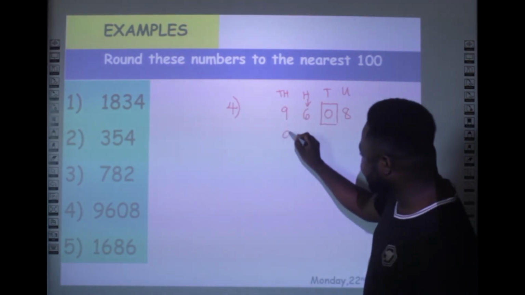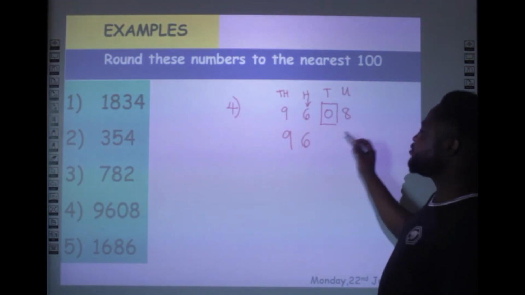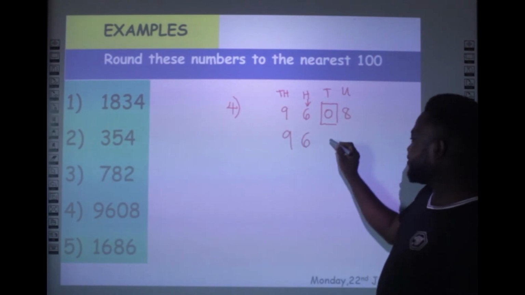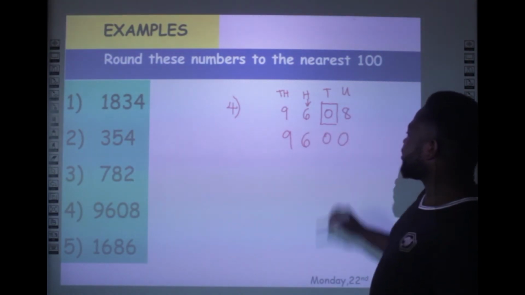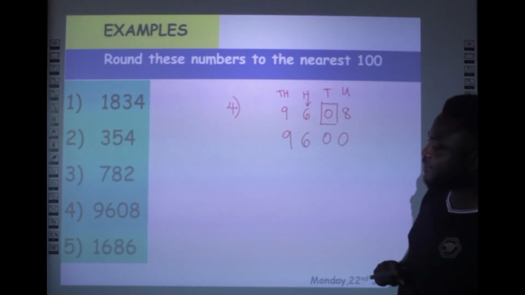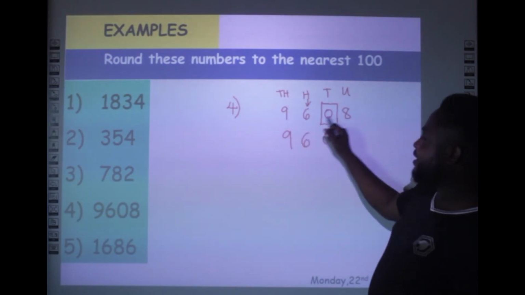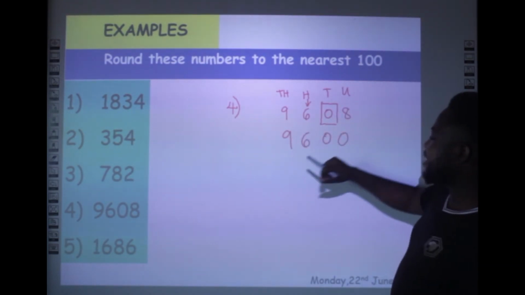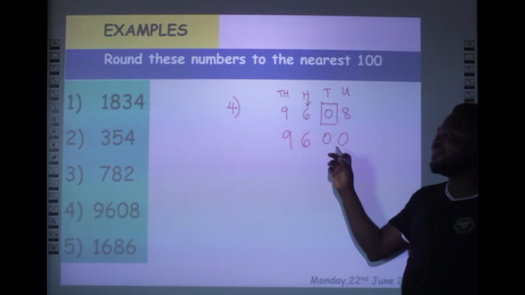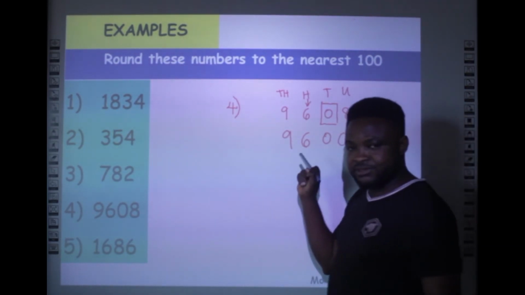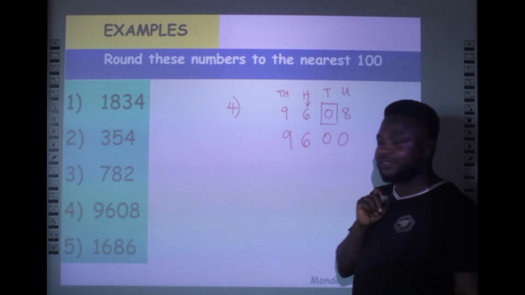Drop down 9. Then any other digit to the right of the target digit will turn to 0. Can you see that? So that means if I round off 9,608 to the nearest 100, our final answer is going to give us 9,600. That is our final answer.